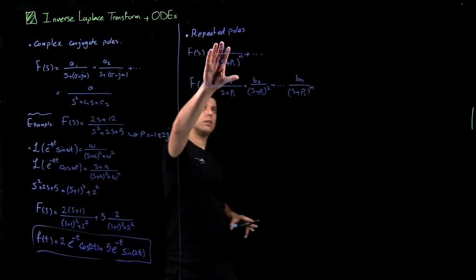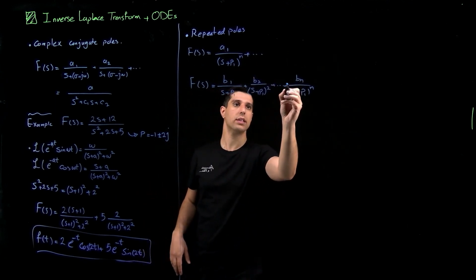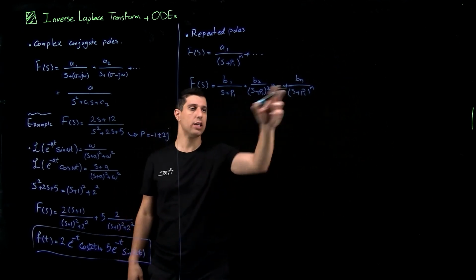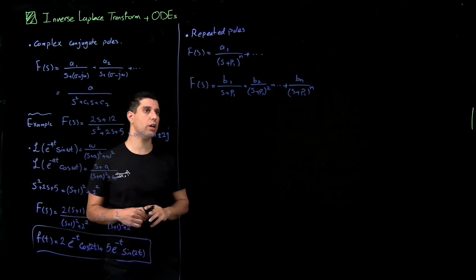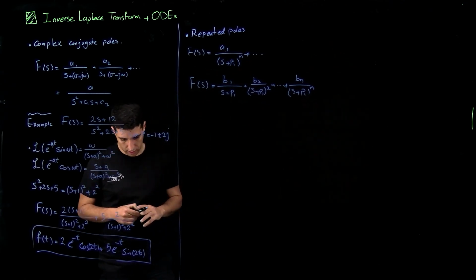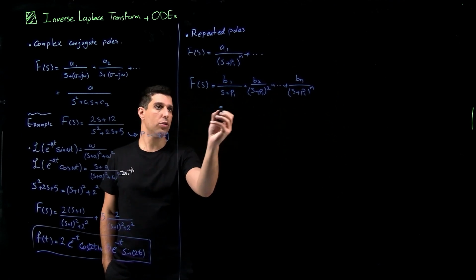So I again broke this into partial fractions. As before, we are trying to find the coefficients b's. There is a fairly systematic way to handle that.